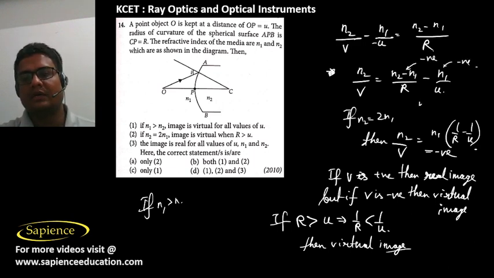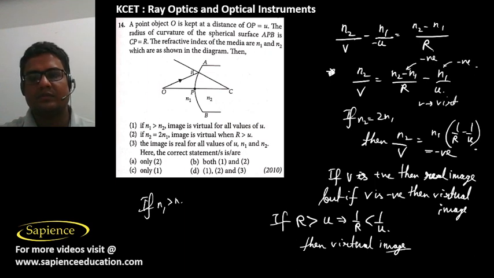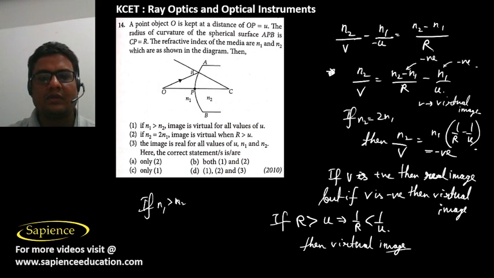So then we will have a virtual image only for all values of U. So the first statement is correct also. And the third statement, the image is real for all values of U, N1 and N2, is wrong. So only both 1 and 2 are correct. So option B is the correct answer.